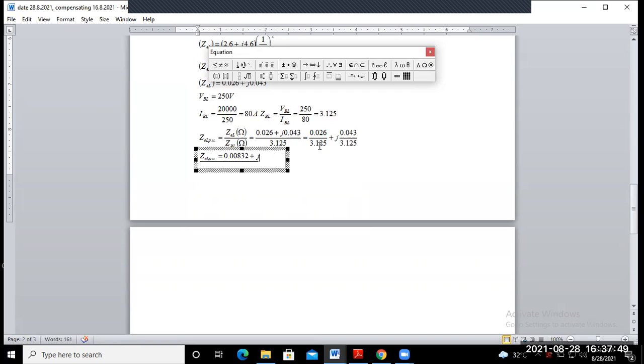So this one is equal to almost 0.00832 plus j 0.01376.